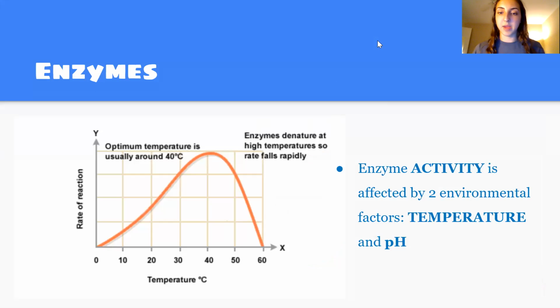Enzyme activity is affected by two types of environments: temperature and pH. Some of you have probably heard of pH, some probably have not. pH is whether something is very basic or very acidic.